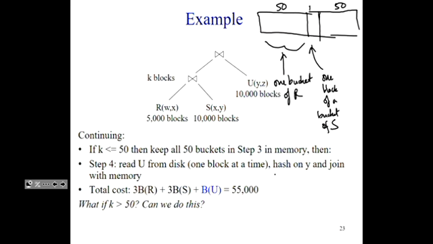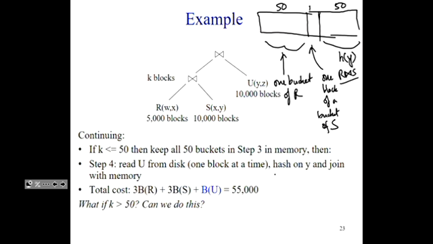And this was a hash table on Y of the result, right? R joined with S. So if the number of blocks of R joined with S, B of R joined with S, is less than or equal to 50, then you can store the entirety of R joined with S within these 50 blocks.